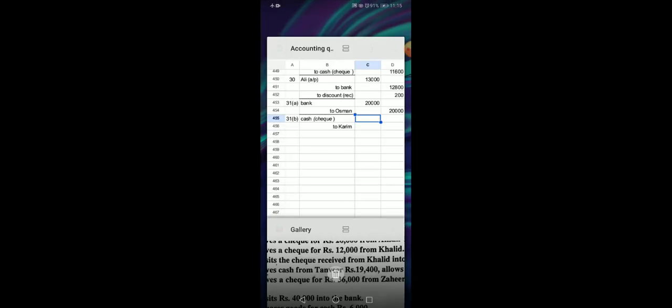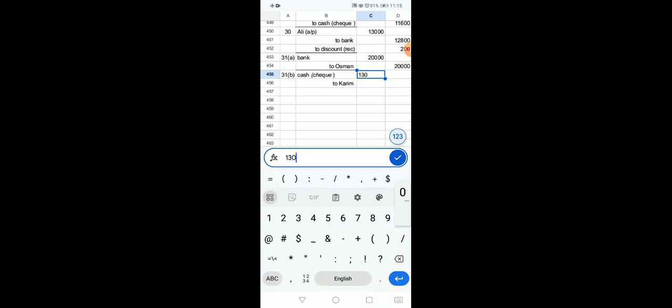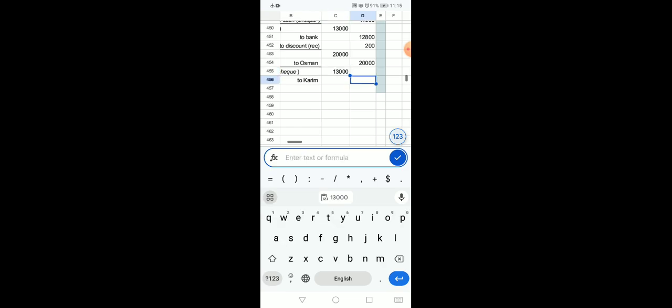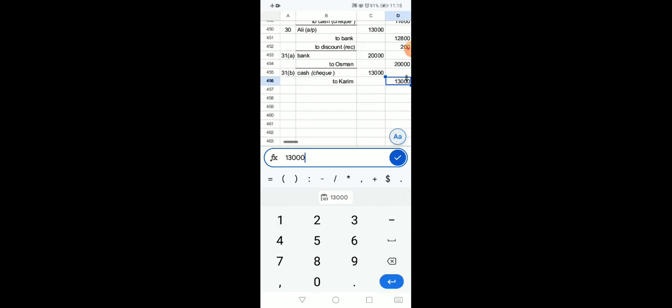That is why you have named Kareem on credit side. Let's see what the amount of the 31st second entry was. It was 13,000. So you will write 13,000 on debit side, and the same amount on credit side. In this way, the last entry has also been completed.